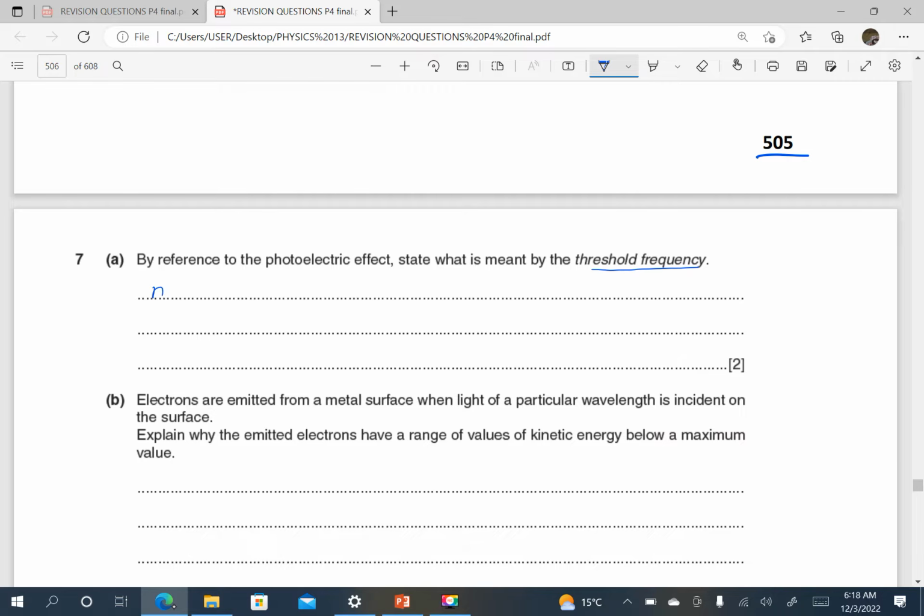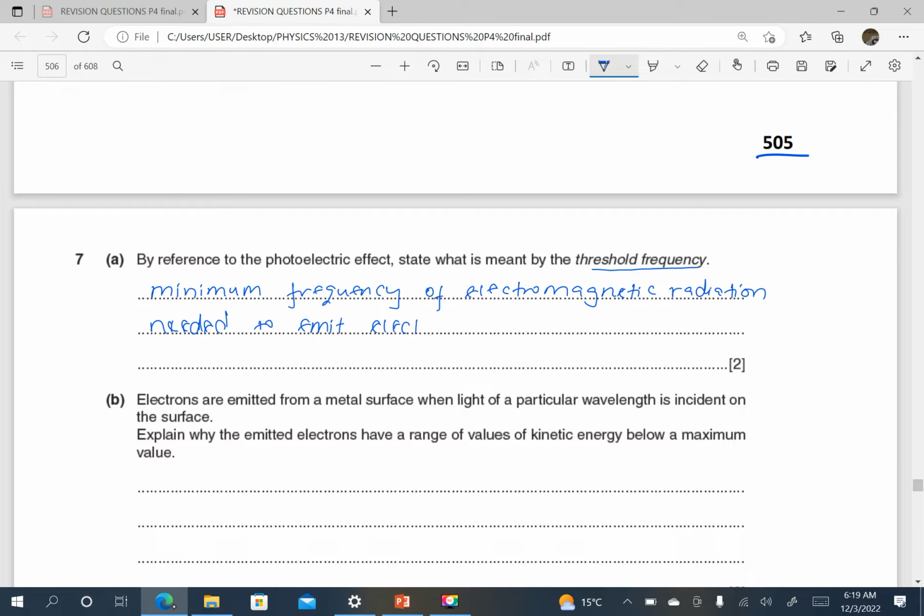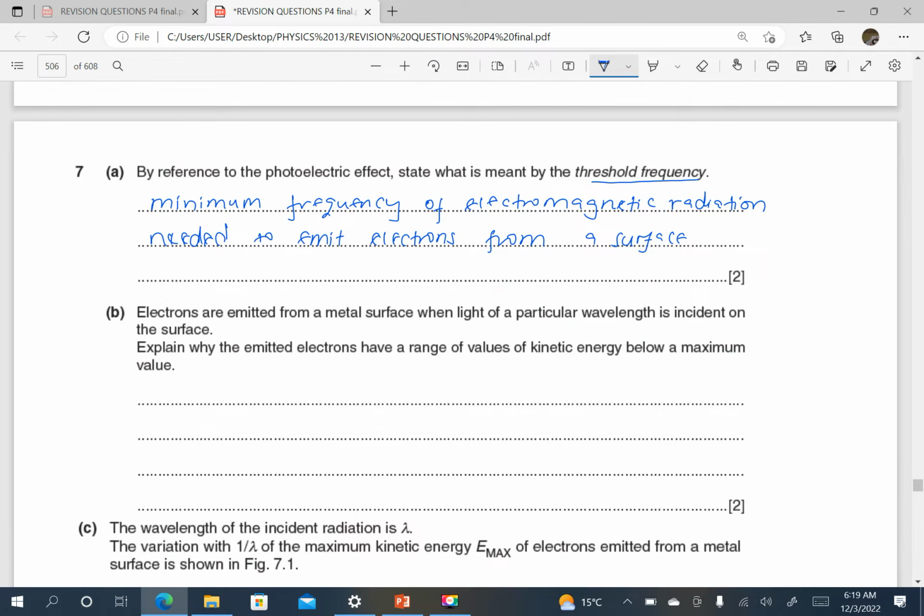That's the minimum frequency of electromagnetic radiation required to release an electron from a metal surface. Below that, no emission occurs.